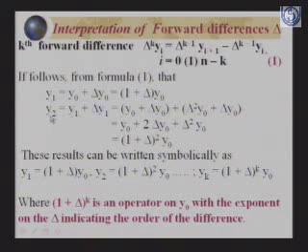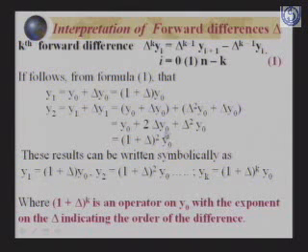Similarly, y2 will be y1 plus delta y1, and by using the above equation and rearranging it, you will find that it is (1 plus delta) squared y0. So the next good relation which you are going to find is that y_k will be (1 plus delta) to the power k y0.